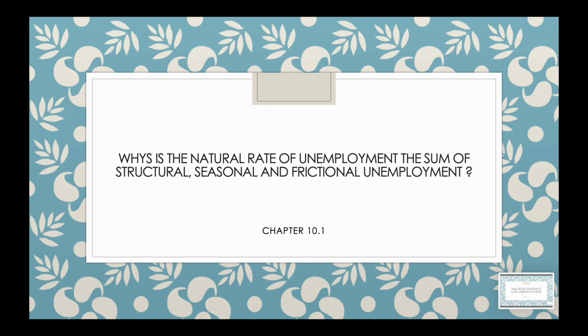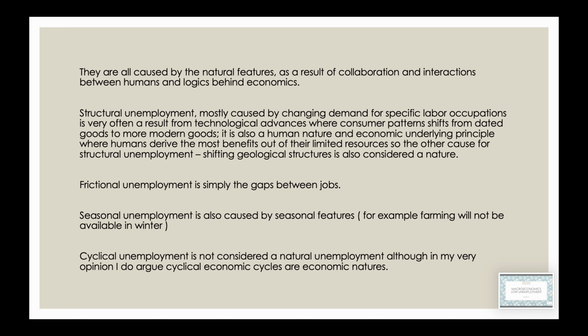So this is the question: why is the natural rate of unemployment the sum of structural, seasonal, and frictional unemployment? It's quite content heavy. They're actually all caused by natural features, we believe. It's a result of collaboration and interactions between humans and the logic behind economics. First, let's start with structural unemployment.